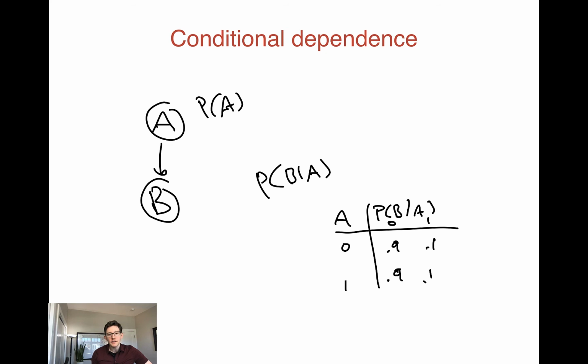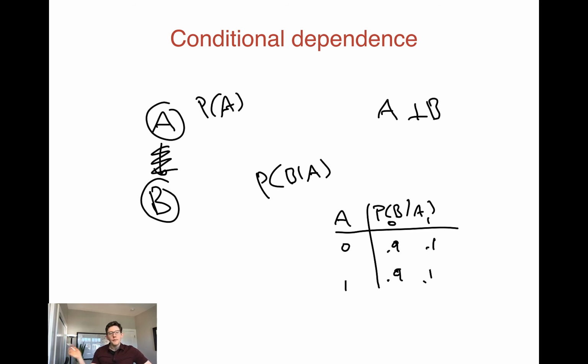You might notice that the probability of B is the same no matter what value of A I give you, which is to say that, in fact, A and B are independent. And a perfectly valid way to write this graphical model would be to throw away that edge.